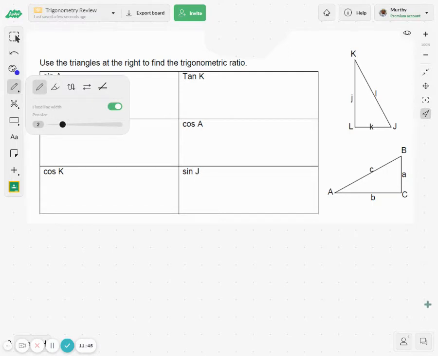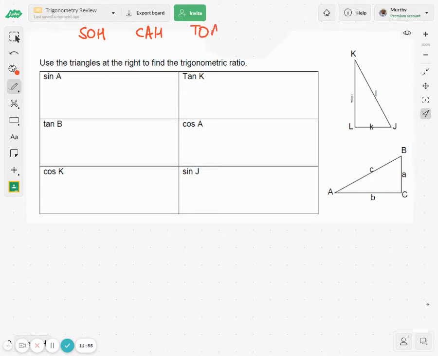Sine A. Always you think of Sohcahtoa. You memorize the correct spelling, because I remember last year some students messed it up. If you take the wrong spelling, you'll end up with the wrong answer.